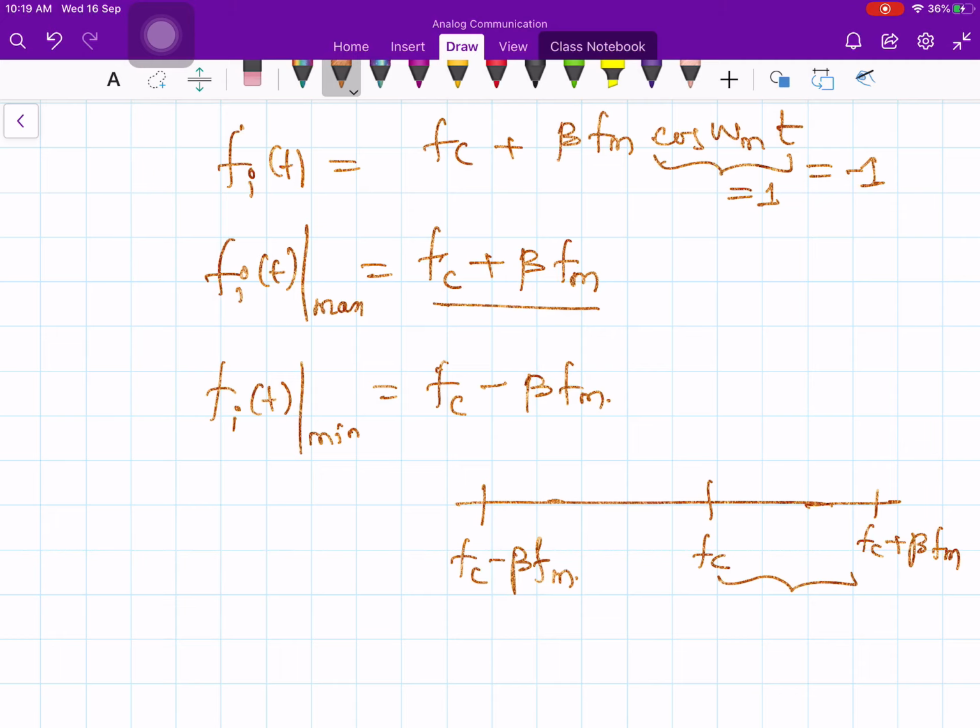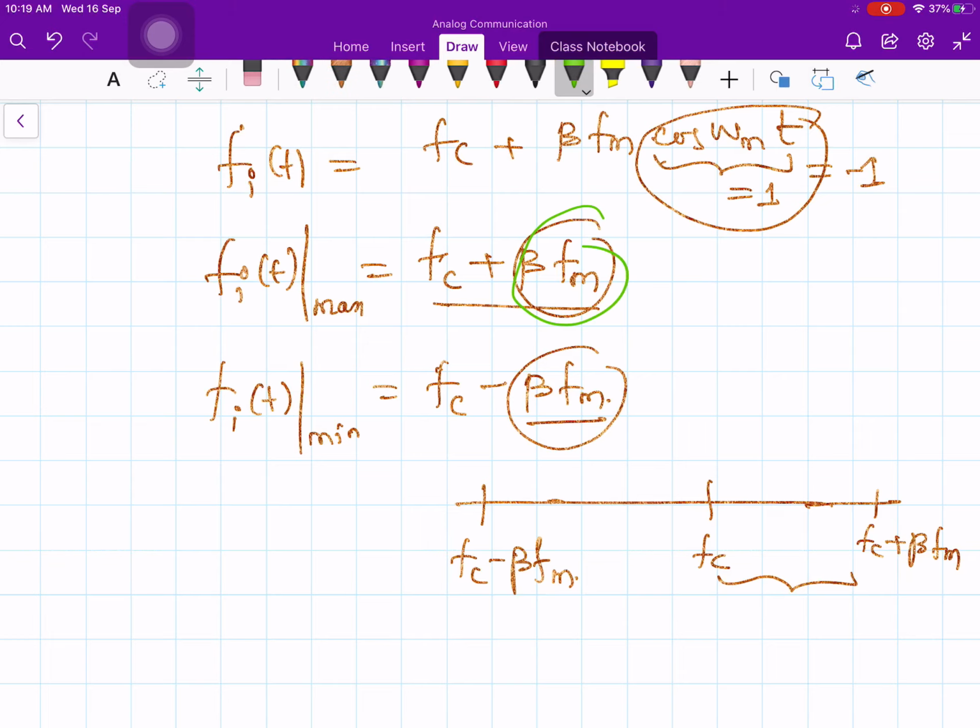Because the deviation becomes beta fm maximum, either plus beta fm or minus beta fm, because your cos omega m t at the most will be 1 and at least minus 1. Therefore the maximum value of the frequency deviation would be beta times fm.